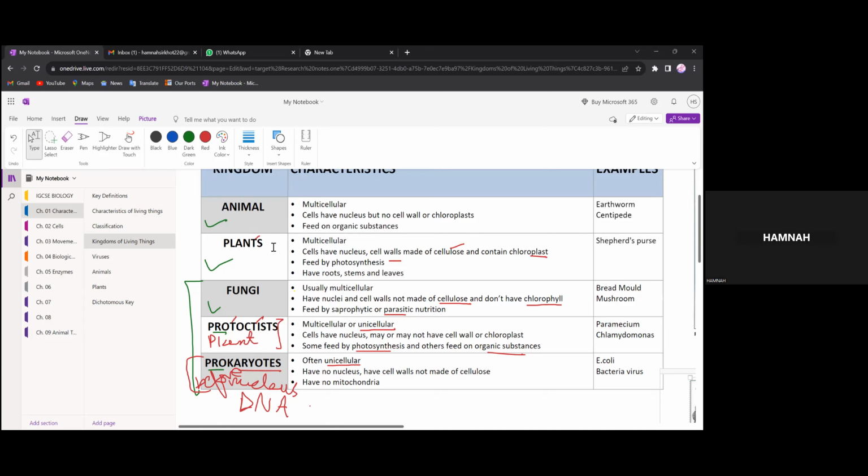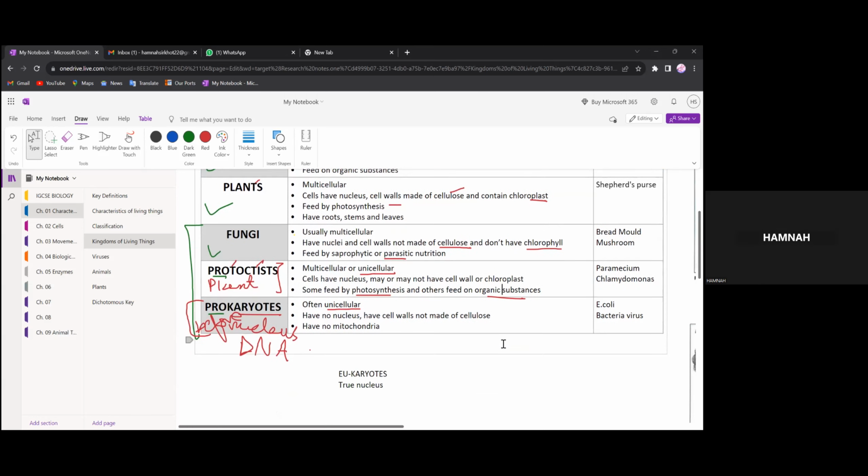Now you know that plants have cellulose and chloroplasts. You have to remember that protoctists are organisms that have both animal and plant features. They sometimes do photosynthesis, and some of them feed on organic substances as well.